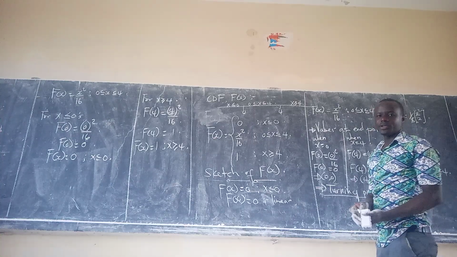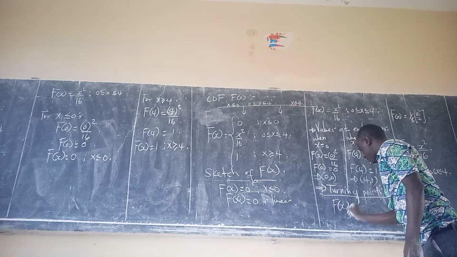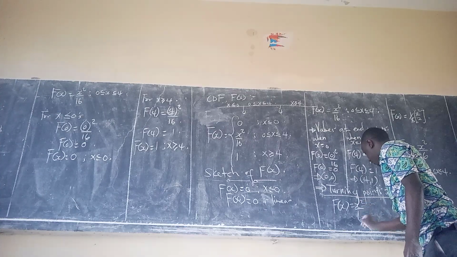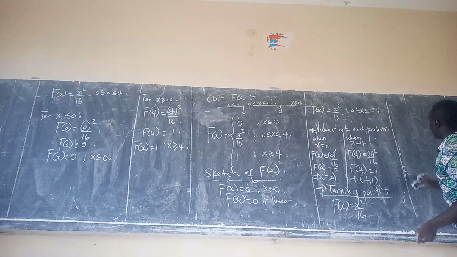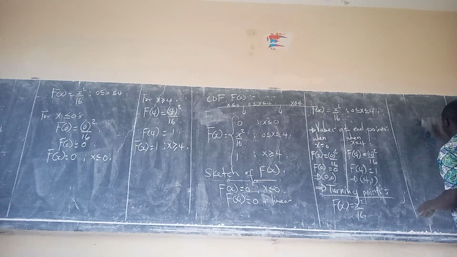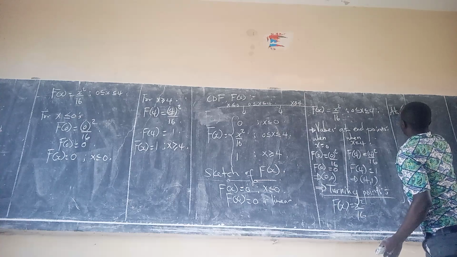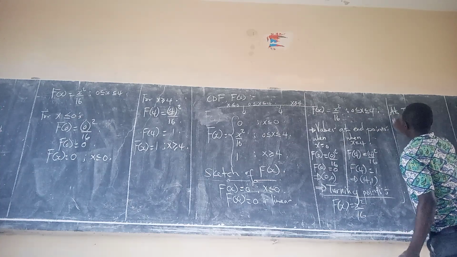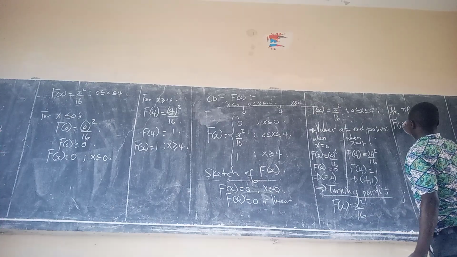Now, for our turning points, we are saying capital F of x is x squared over 16. But at the turning point, the first derivative must always be 0. So at the turning point, capital F prime of x should be 0.